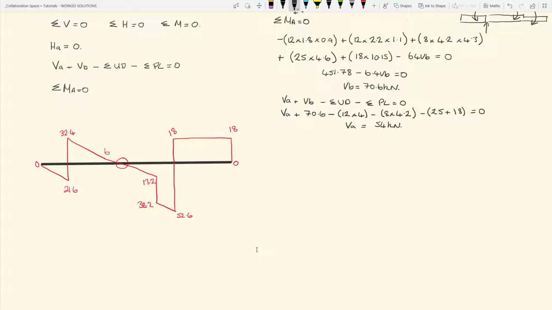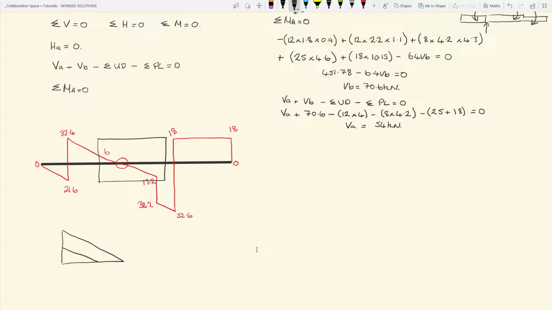If we look at the shear force diagram, this section is all linear. The change in shear force is linear, so we have a triangular relationship. If we draw that as two triangles, we have firstly our main triangle, and inside that a smaller one.